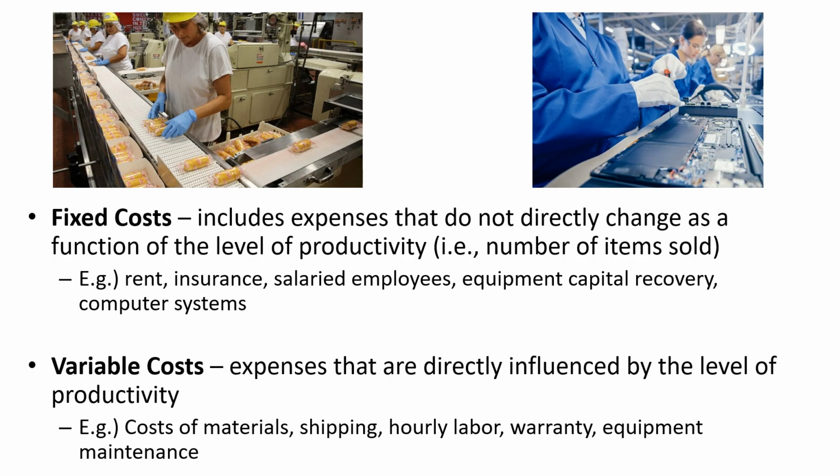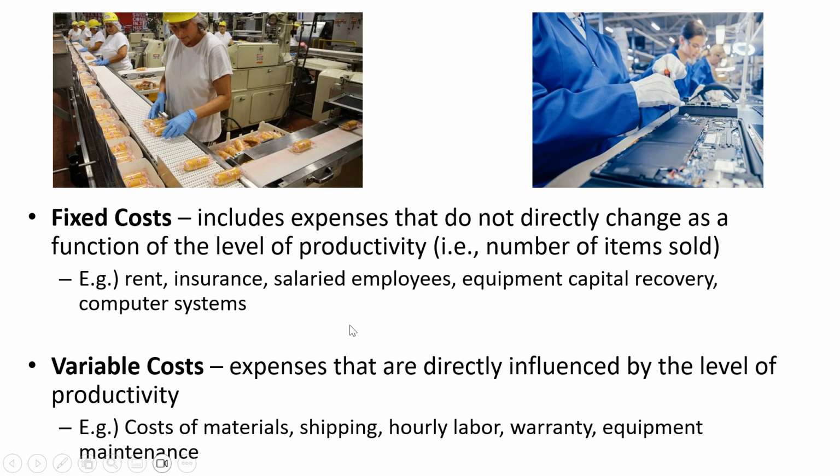Whereas variable costs are directly influenced by how much you're making or how much you're doing. So it could be the material costs that are going into the production. It could be shipping expenses or the labor costs of the people who make the things. And the more you sell, the higher your warranty costs are going to be, because a greater fraction of the things are going to maybe need replacement or service or something.